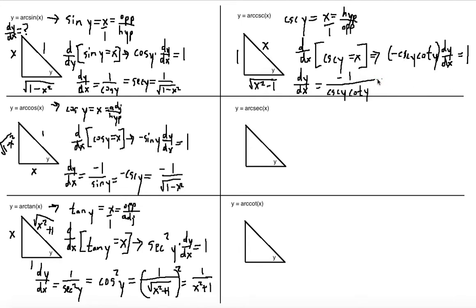I'm going to erase a little bit of this so I have some more room. And that's the same thing as the negative sine of y times tangent of y. My sine of y, it looks like, is going to be 1 over the square root of x squared minus 1.